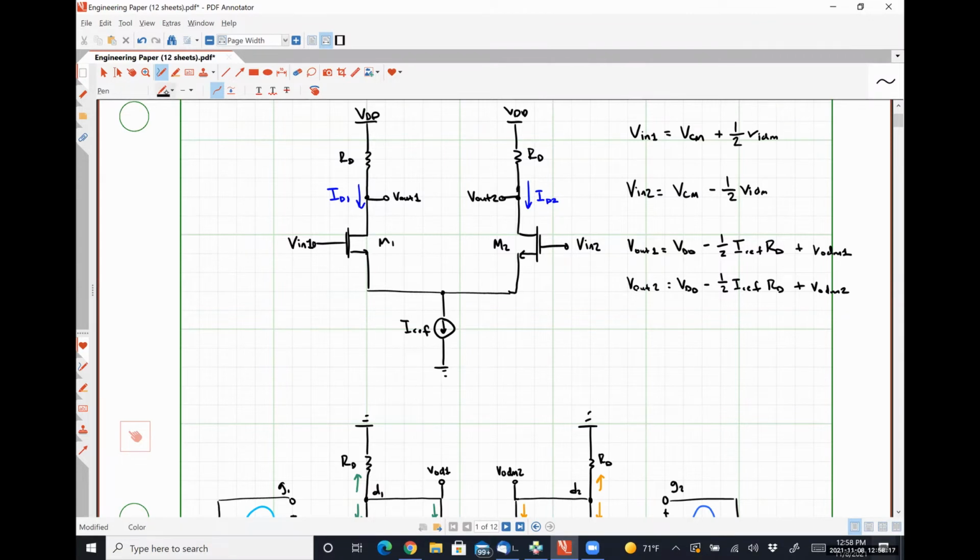If we were to take this difference and call that V out, what would happen? So let me essentially rephrase my question here.